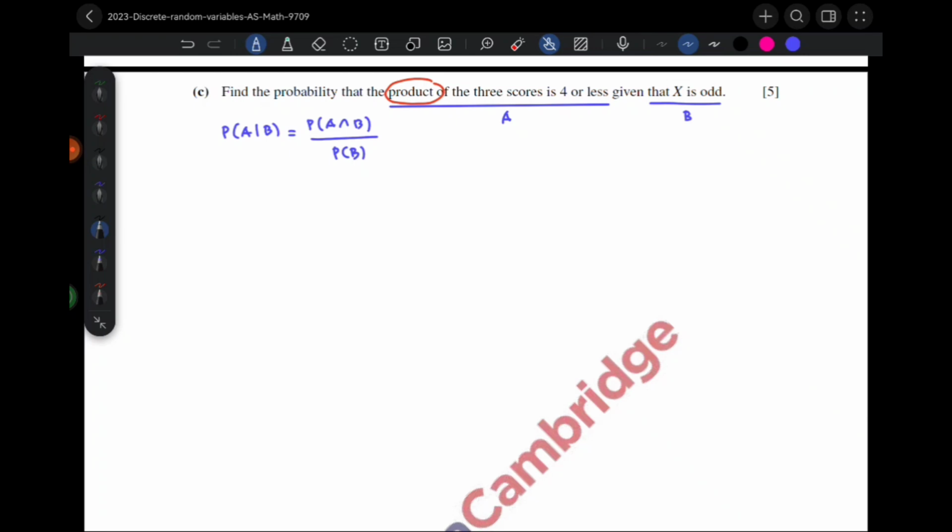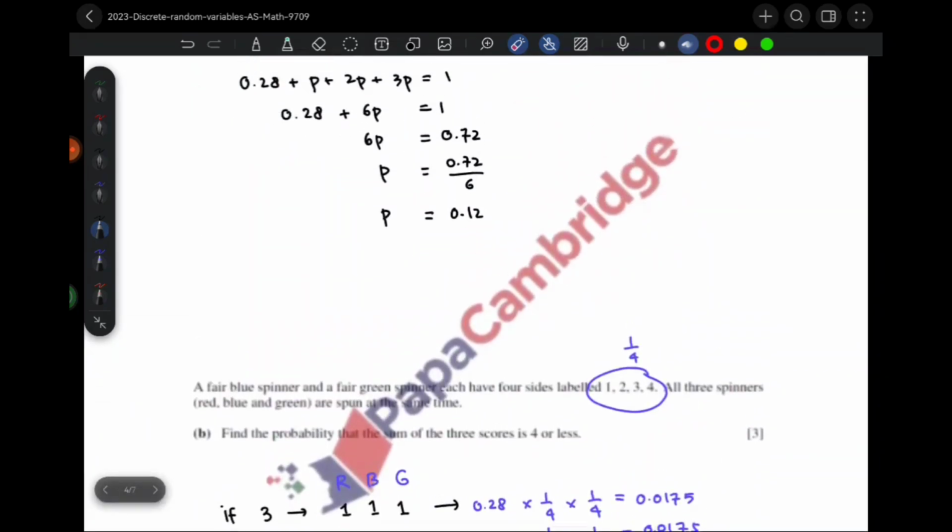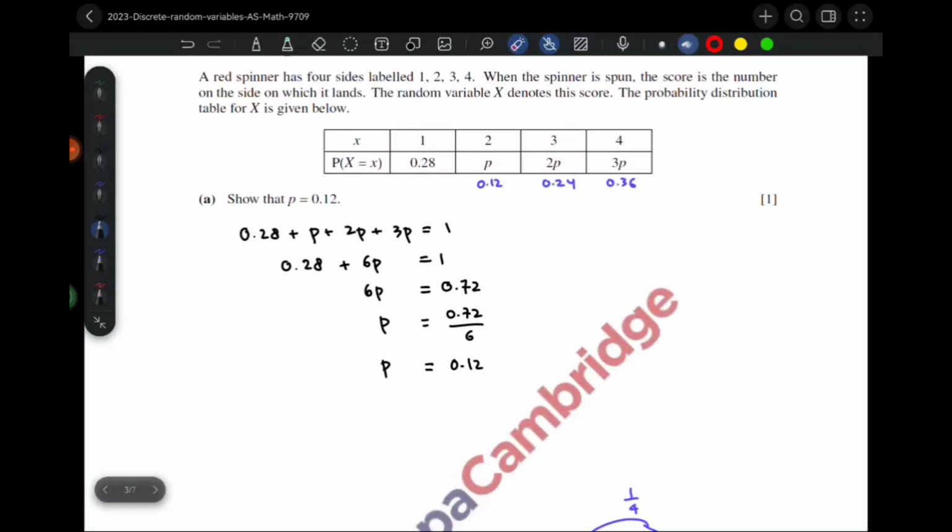It can be 1, 2, 3, and 4. So we have 4 possibilities for A. And if X is odd, that means X equals 1 or 3.